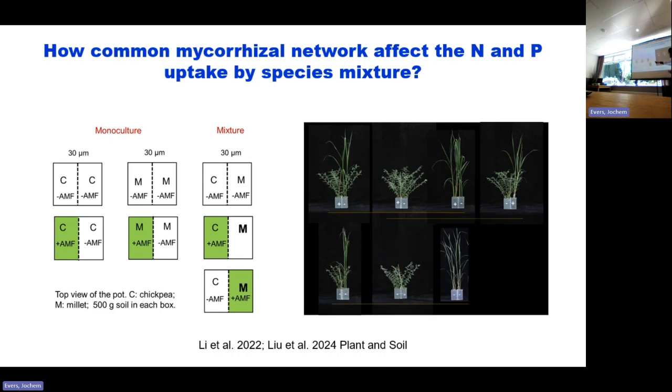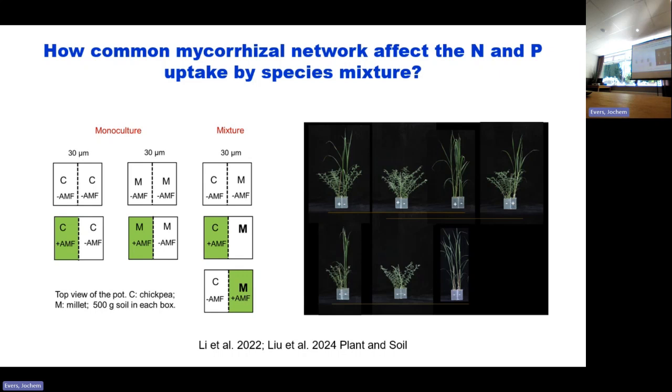For the intercropped treatments, we only inoculate one species on one side, because if we can determine root colonization by the fungi on the other side, that means a common mycorrhizal network is formed.